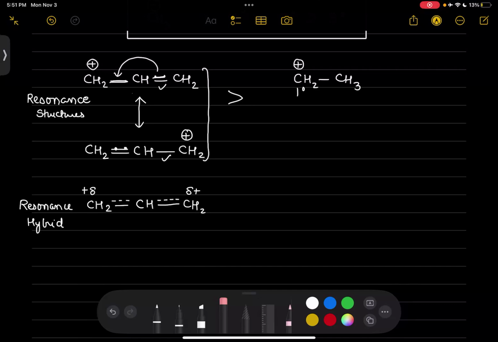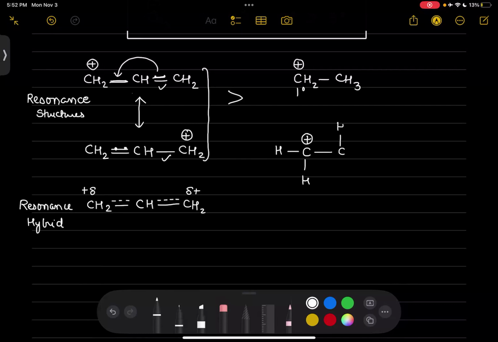Nabila, what about this second one? What all stabilizations can be there on the second carbocation?